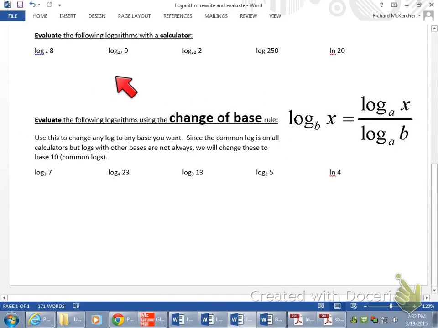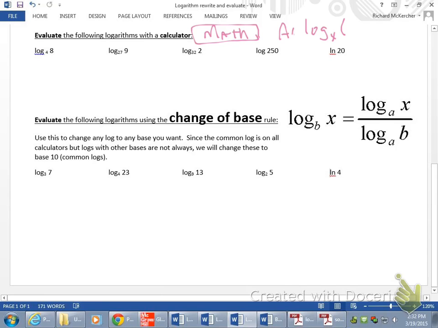The next, I forgot to do the next set right here. What I didn't show you was evaluating the following logs with a calculator. Now, when I say with a calculator, what I mean is our new operating system. On the new operating system on your calculator, press the Math button, then menu A has log base x of your parentheses.